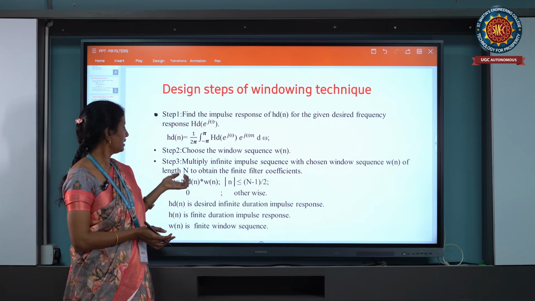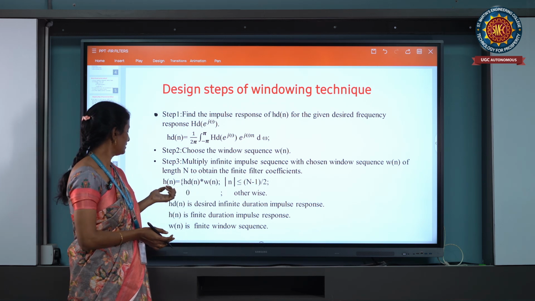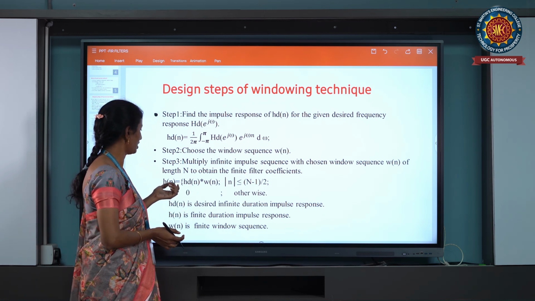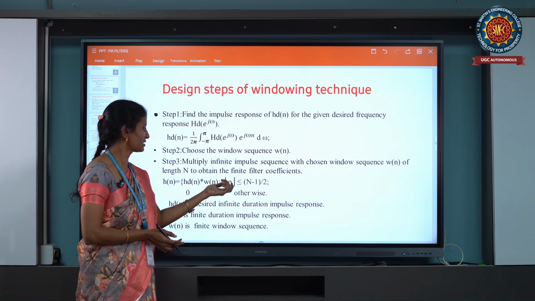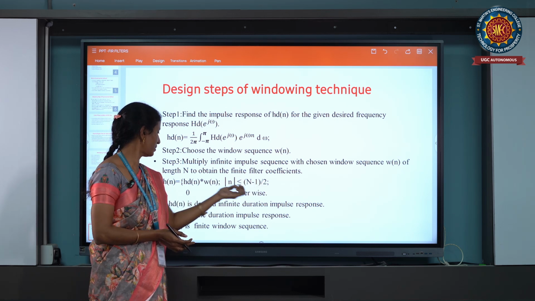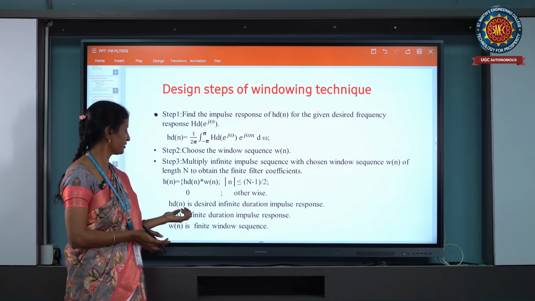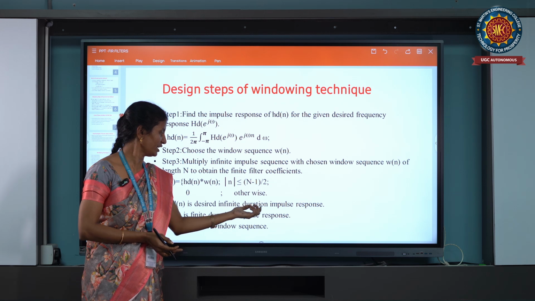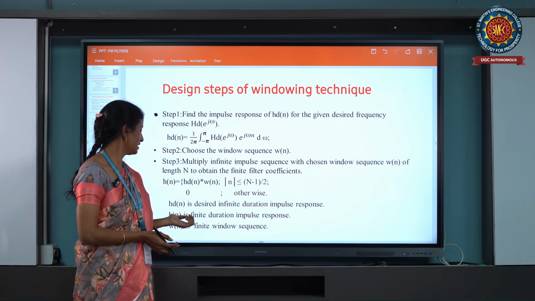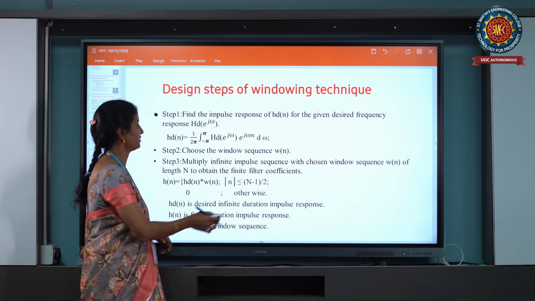Then H of n is equal to Hd of n into W of n for modulus of n less than or equal to (N minus 1) by 2, and H of n is equal to 0 otherwise. Here Hd of n is the desired infinite duration impulse response, H of n is the finite duration impulse response, and W of n is the finite window sequence.